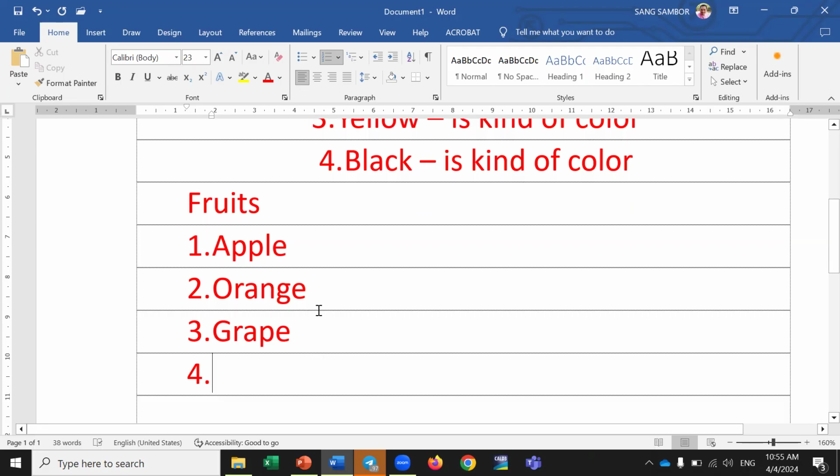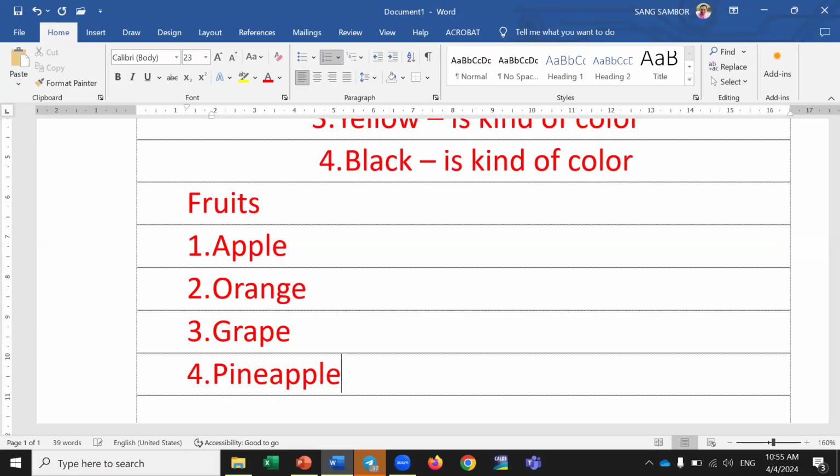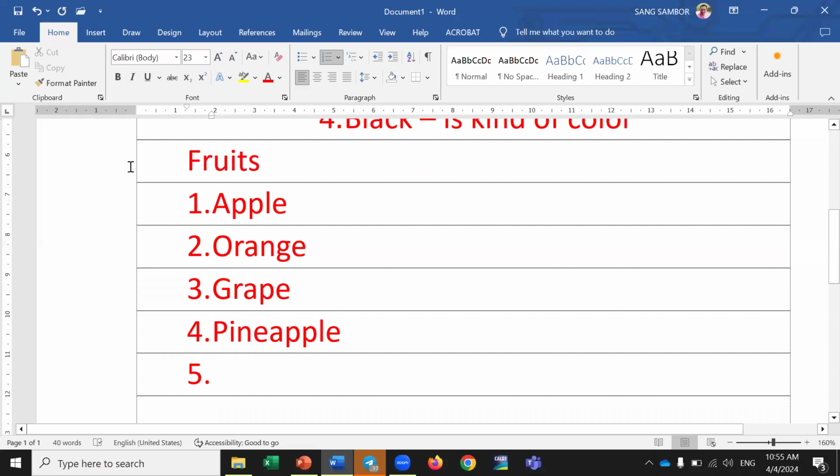Can you raise a few more? Pineapple. Okay. Star fruit. Okay, star fruit, right?